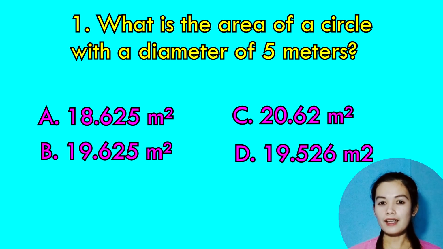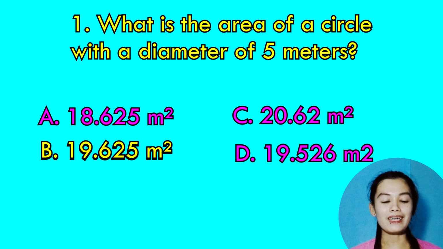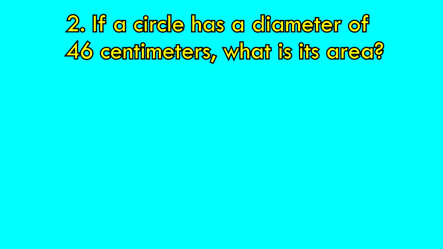The correct answer is letter B. Now, question number 2. If a circle has a diameter of 46 centimeters, what is its area? Letter A, 166 and 1/10 centimeters squared.